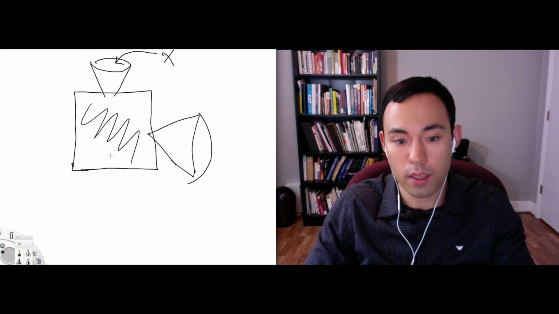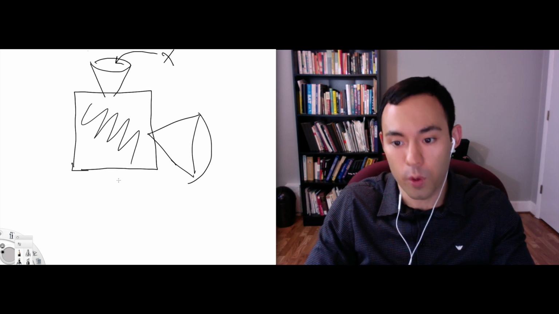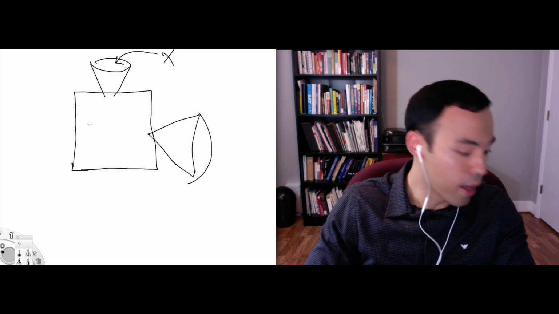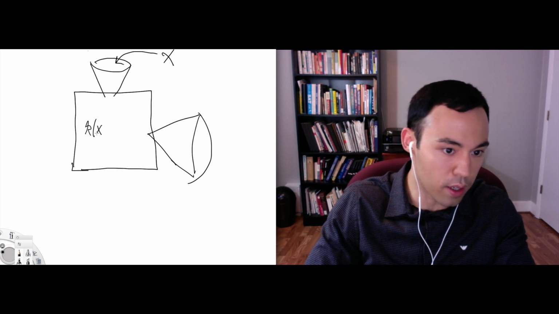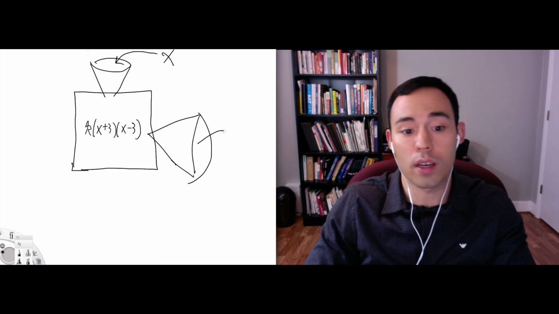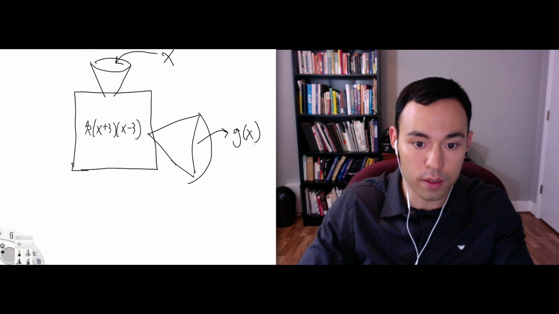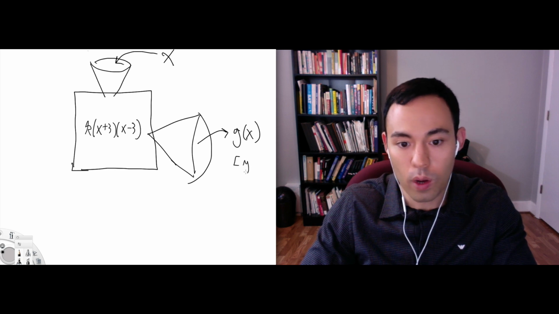That mysterious stuff is defined as essentially arithmetic, you know, multiplication, subtraction, division, raising things to powers. And in this case, the mysterious stuff is partially defined as k times x plus 3, x minus 3. And then what comes out are the function values g of x, which is also kind of like saying y values.